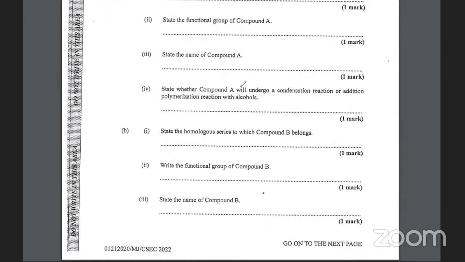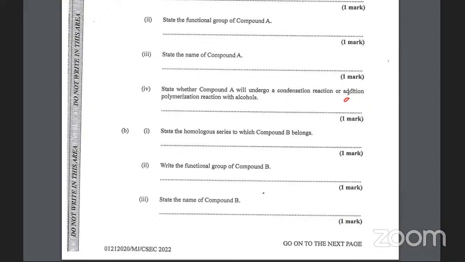State whether compound A will undergo a condensation or an addition polymerization reaction with alcohol. Right, so in terms of addition, only alkenes undergo addition polymerization.